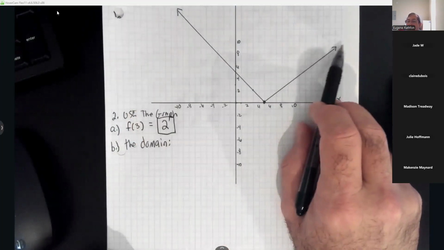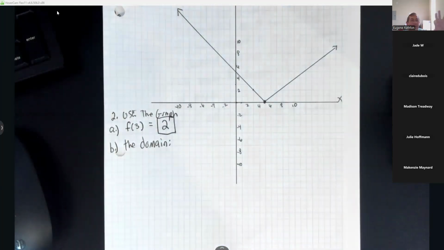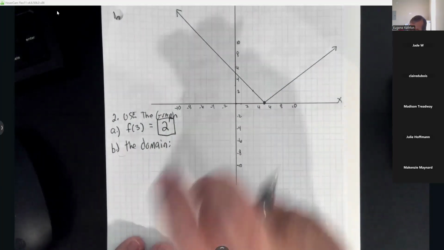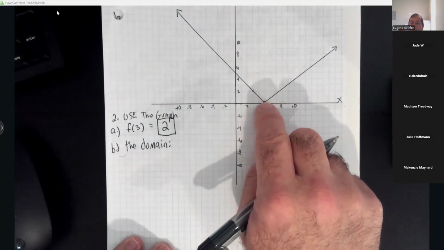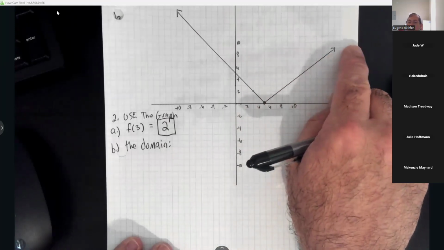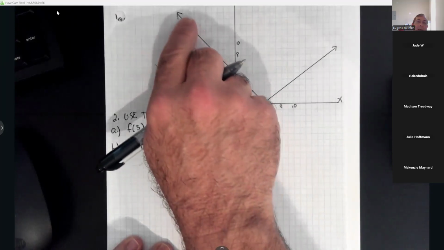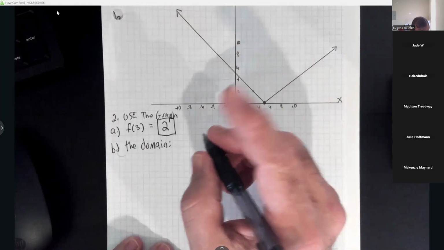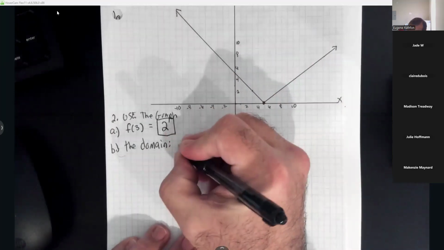So when you got a graph that's covering all the x values in either direction on the domain, we say that this domain is all real numbers because it's covering all the positive directions. And if you notice, it's covering all the x values in the negative direction. So for this domain, it's going to be all real numbers.